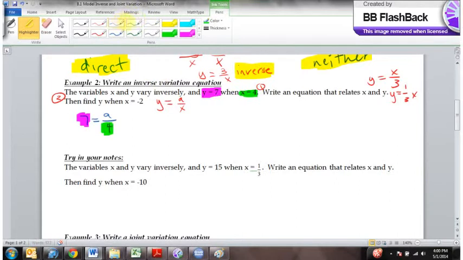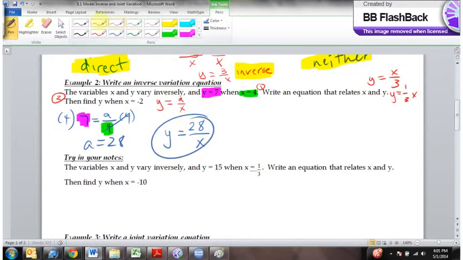Now I'm just going to figure out what a is. Well, to figure out what a is, I'm going to multiply both sides by 4. a equals 28. My formula for inverse variation for part 1 is y equals 28 over x.